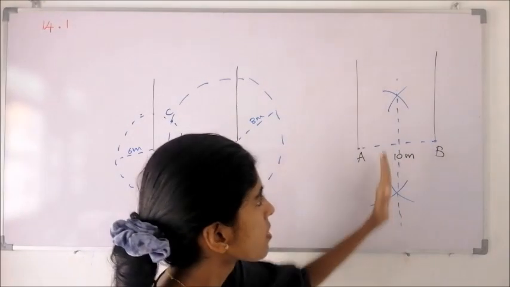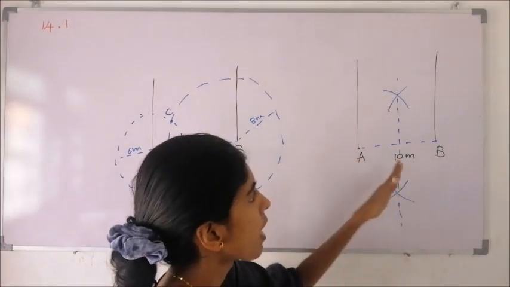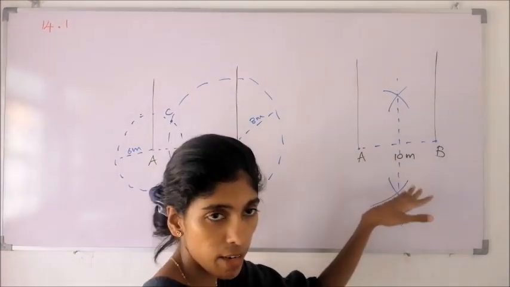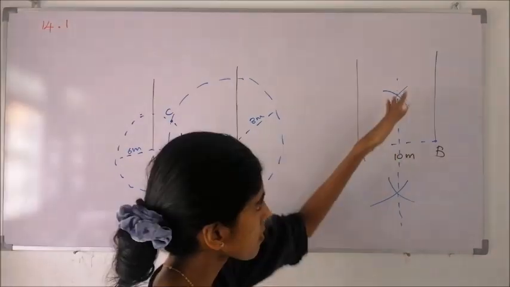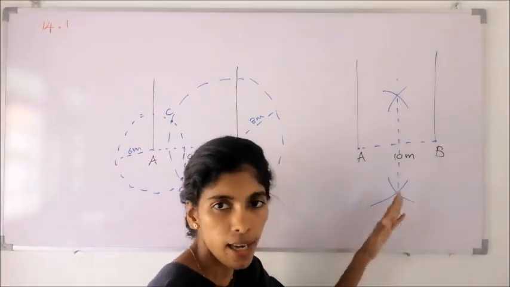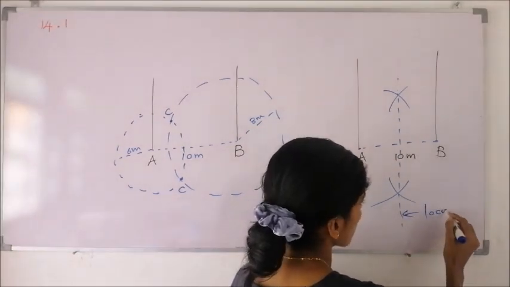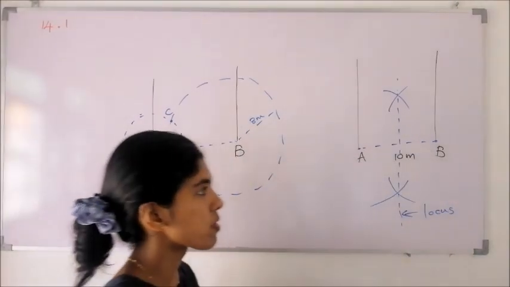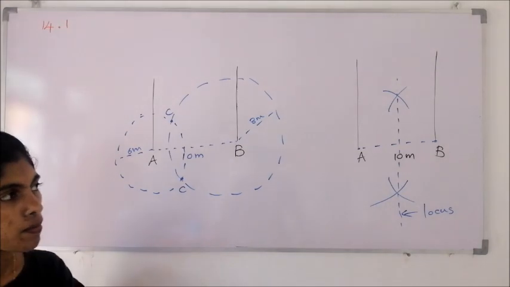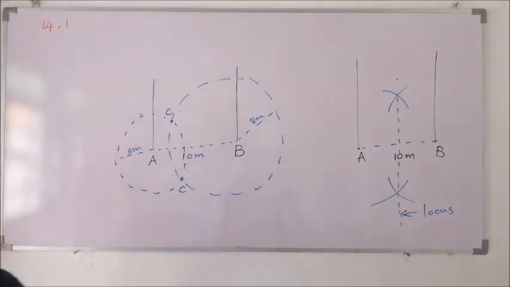Okay, so this is the locus of the points equidistant to points A and B. So wherever on this locus, we can fix the lamp post D.